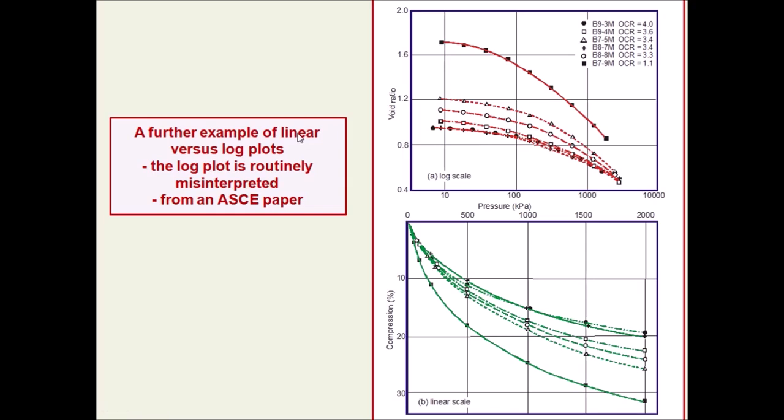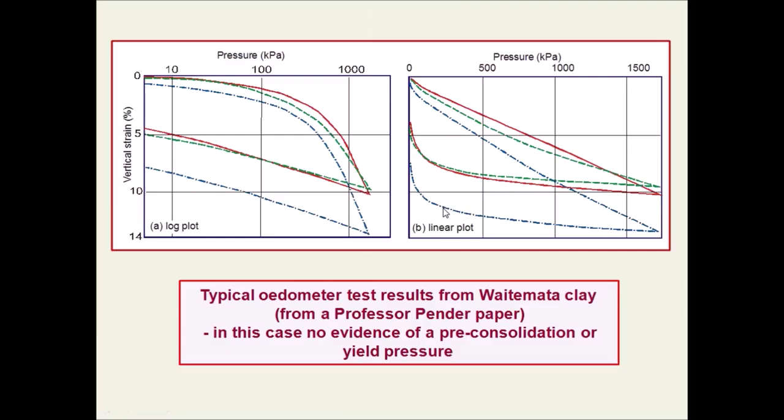The log plot, as I said, is routinely misinterpreted. This was taken from an ISSMGE paper. Again, a test on our Auckland clay. This is a different clay to the one I mentioned before. This is weathered from soft sandstones or mudstones. And you look here, you would be tempted to think that there was a pre-consolidation pressure here, but if you transfer this to a linear scale, then there's no sign of a pre-consolidation pressure.